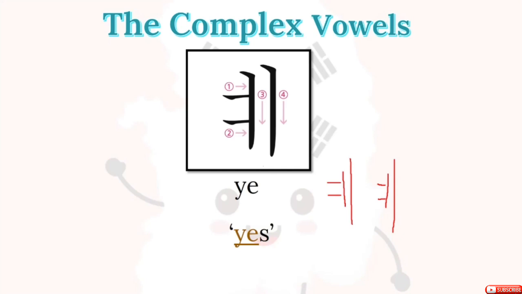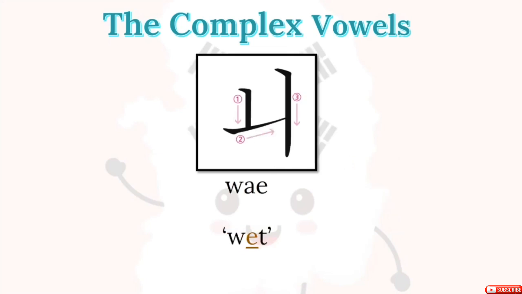And moving on to our next one is we. It sounds like the word wet. We. Yes, and the correct order to write this: 1, 2, and 3.